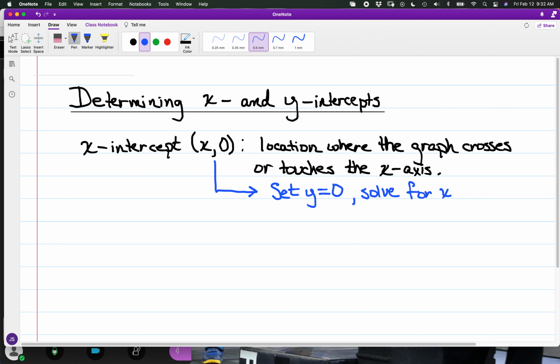And in the case of the y-intercepts, there will be a little bit of inversion of the language. By definition, the y-intercept is going to be the location where the graph crosses or touches the y-axis.